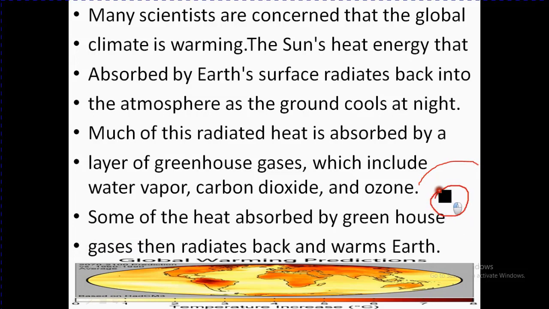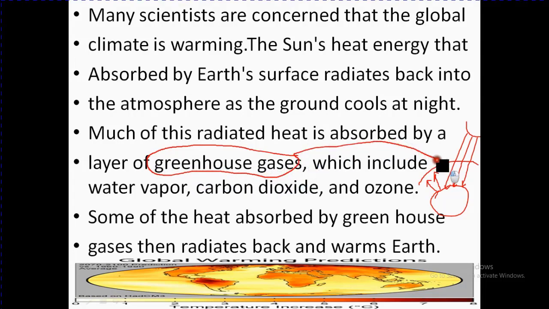In the daytime, the sun shines and gives radiation, and this radiation is absorbed by the earth's surface. And during night time, what happens? When this area becomes cold during the night, these radiations want to go back, but instead of going back, what happens? This layer of greenhouse gases, you can understand it from here very well.